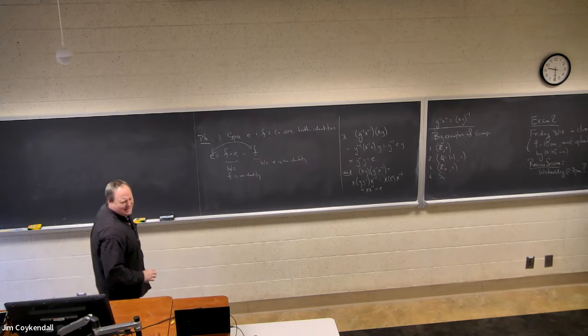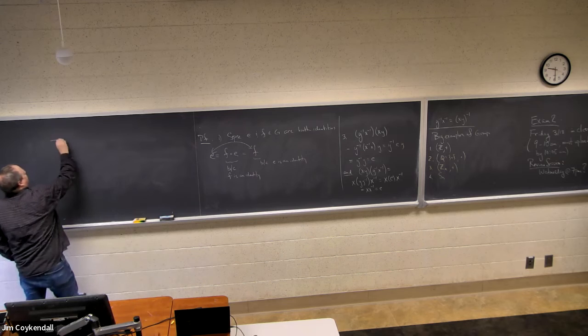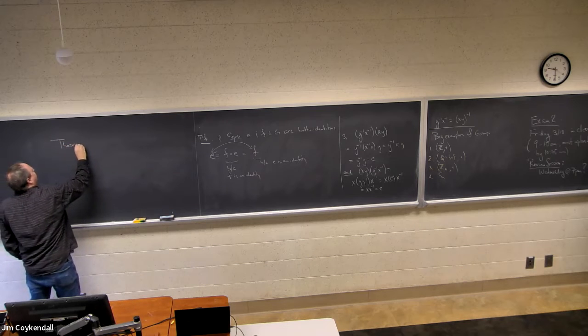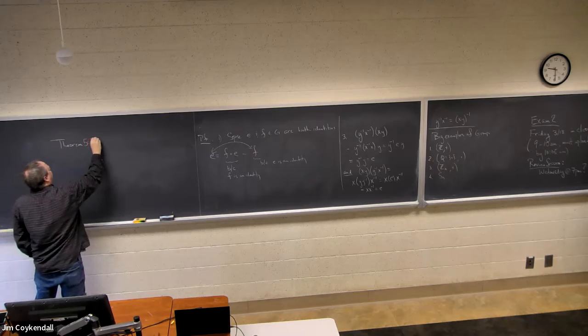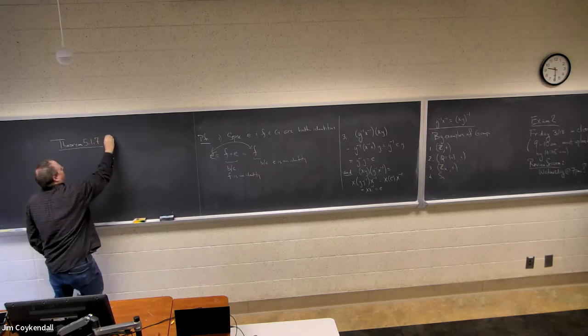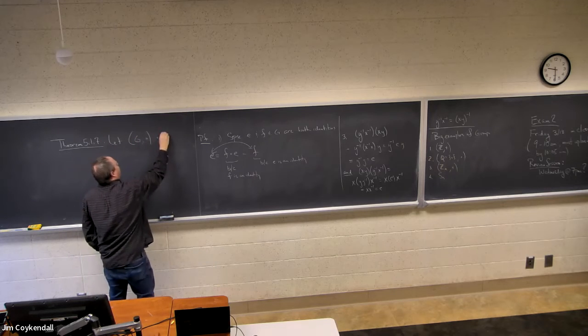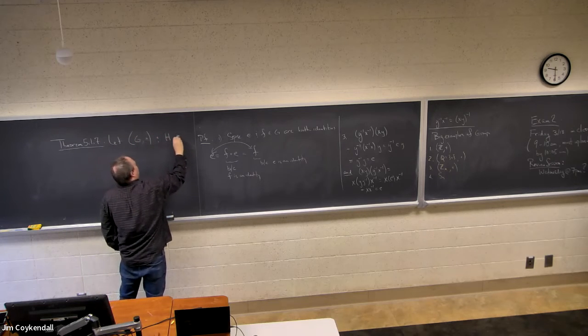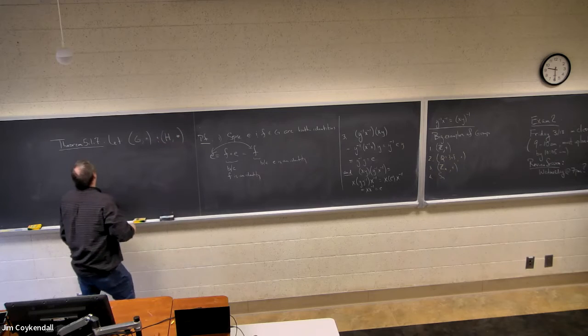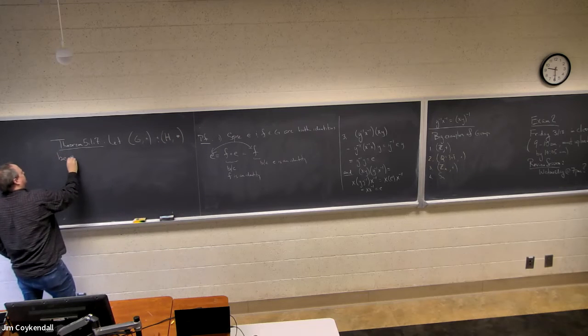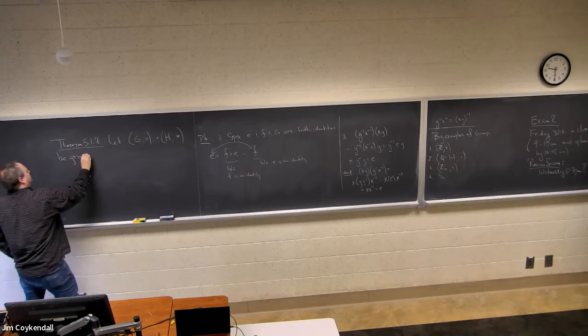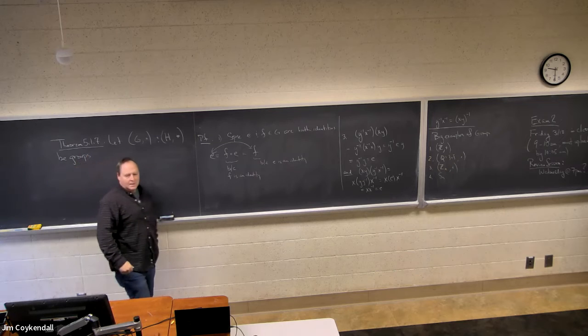So I want to write this out. It's a theorem, and in the notes it's called the definition. But I'm going to stay with this one. Take G with operation circle and H with operation star, two groups.